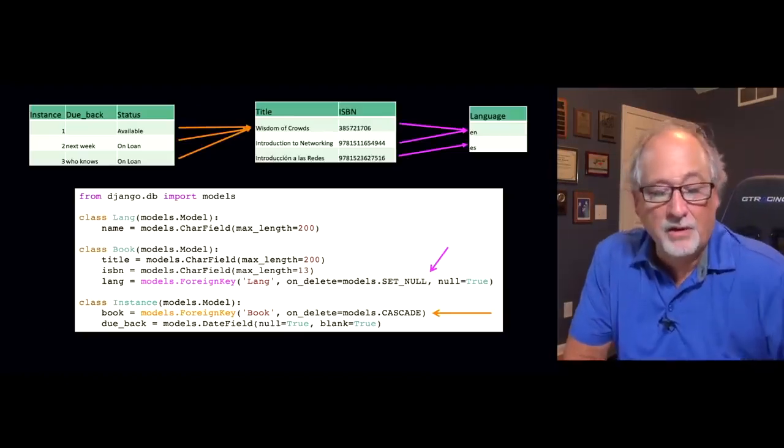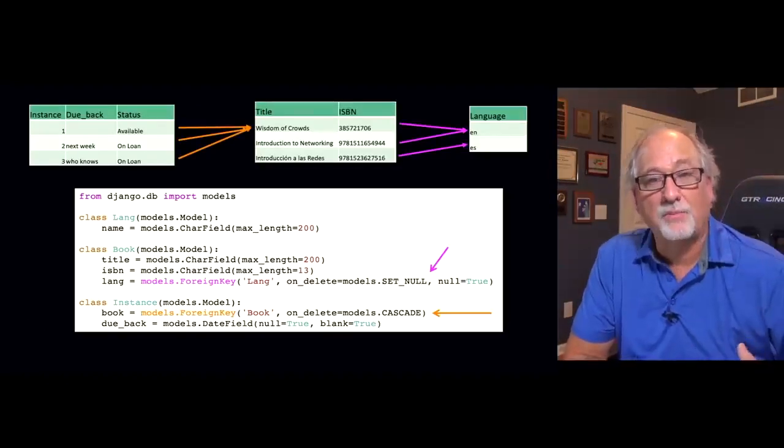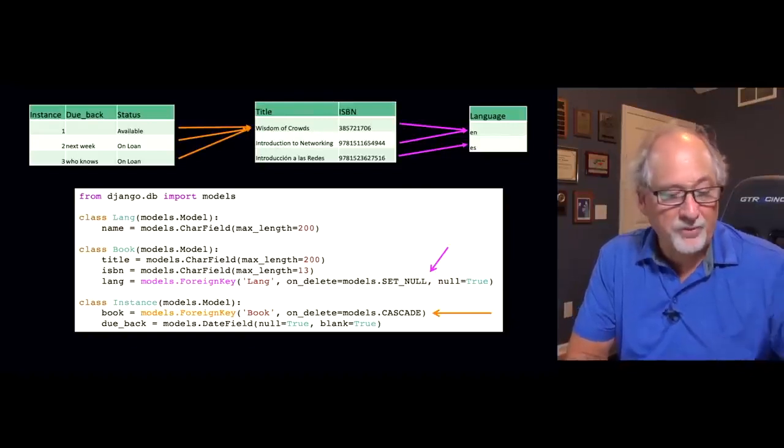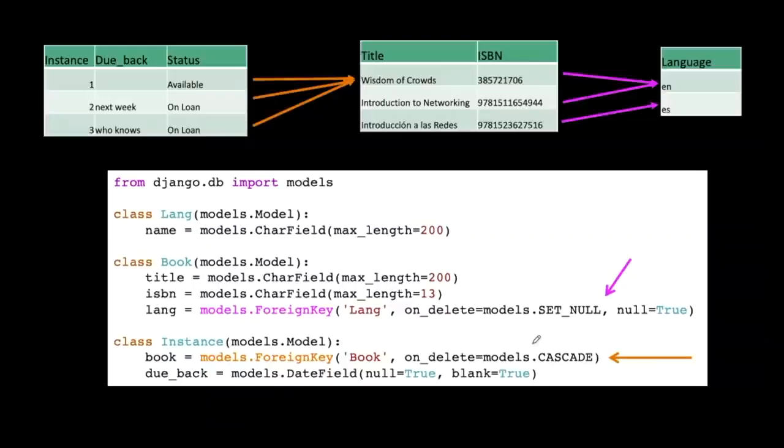So if we have our book instance that links to our book table, and then our book table that links to the language table, we end up with special little lines in our models. Most of this is pretty familiar. We've got a language, it's got a name. Now one thing about Django is it automatically adds the ID field, and that's kind of nice.